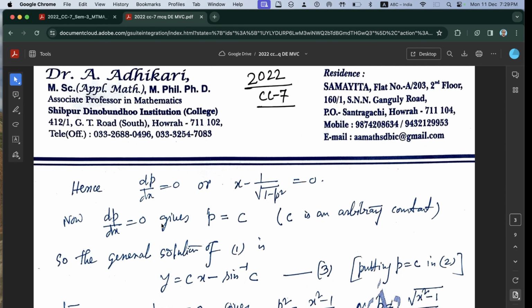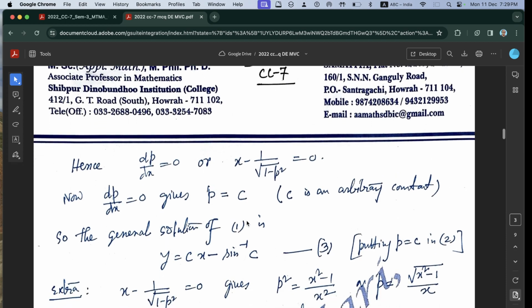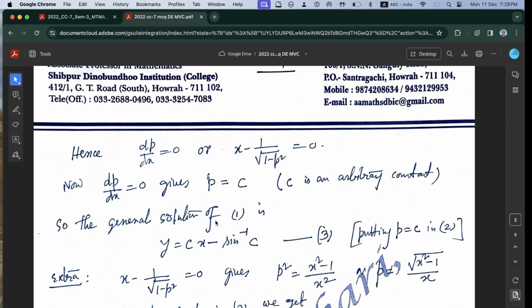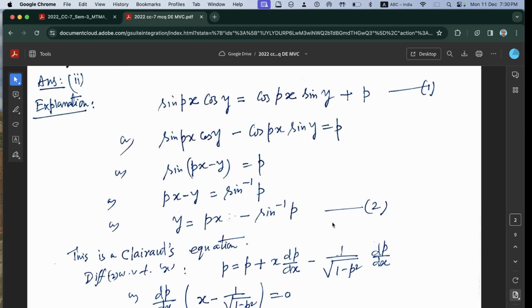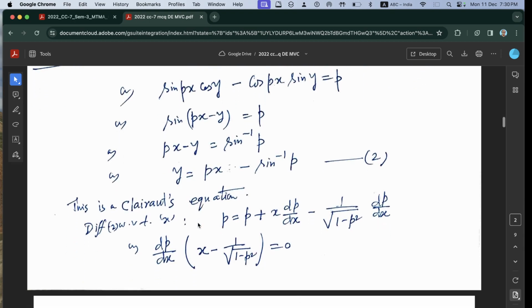When dp/dx equal to 0, after integration p equal to constant c. So the general solution of 1 is y equal to cx minus sin inverse c. Actually this is Clairaut form, so we can put c in place of p for the general solution of this Clairaut equation.